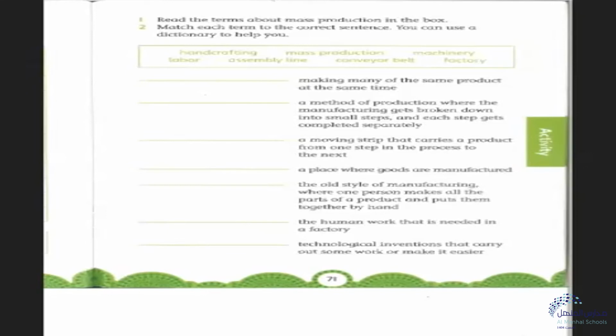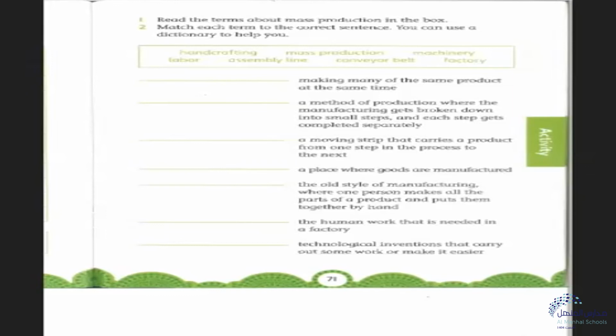It's a moving strip that carries a product from one step in the process to the next. Number 4 is factory. It's a place where goods are manufactured.